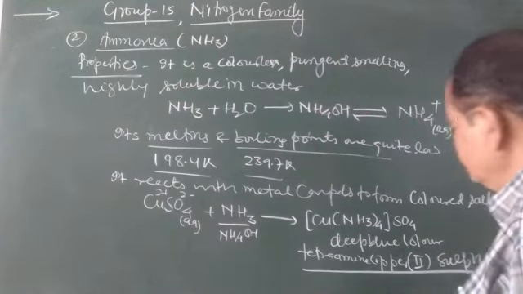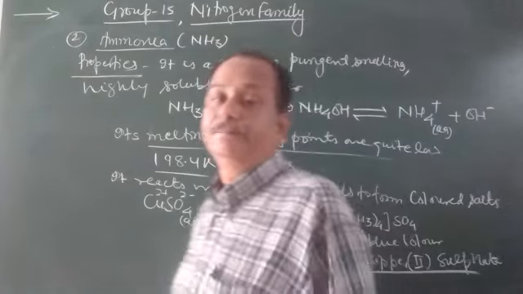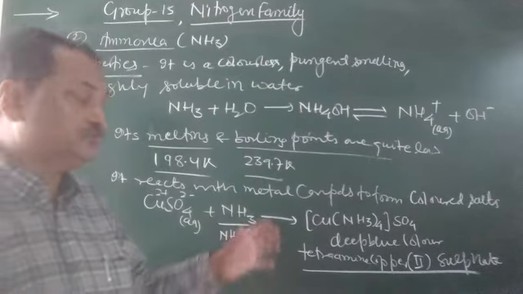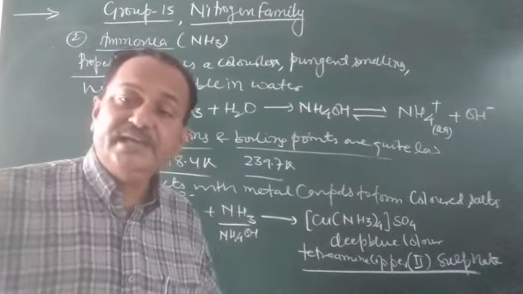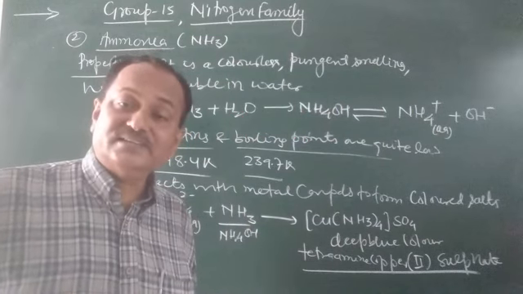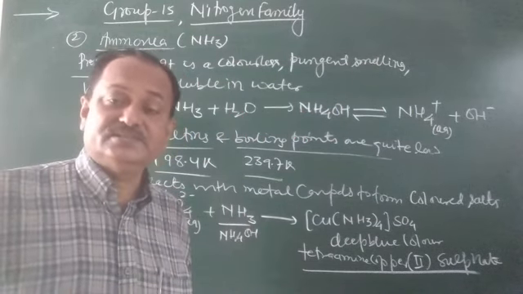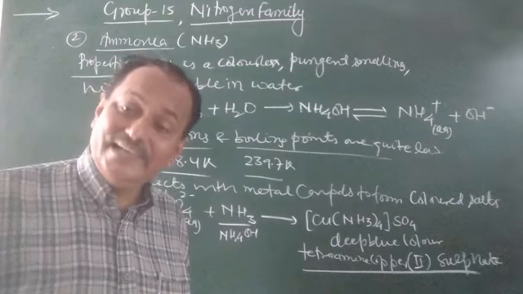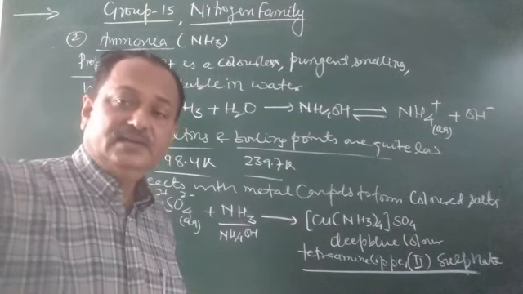This is the coordinate compound, the complex compound. So what we can say? Ammonia is a good complexing ligand. We will see about ligands later on.